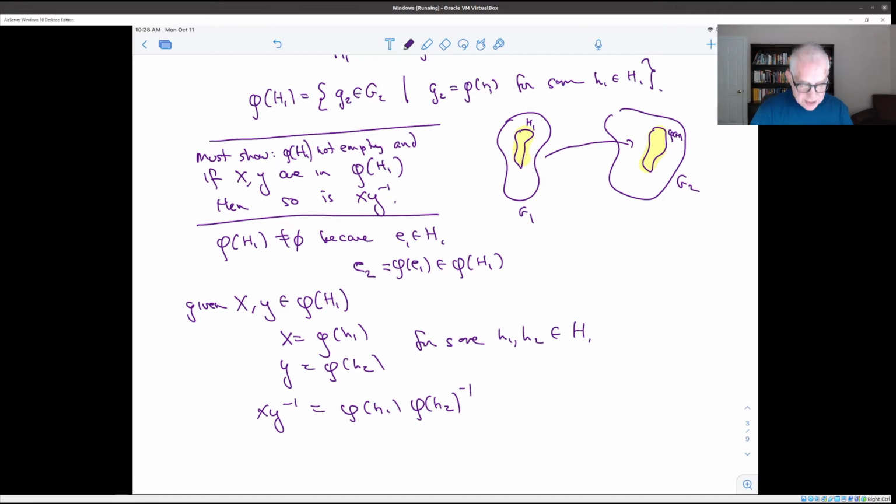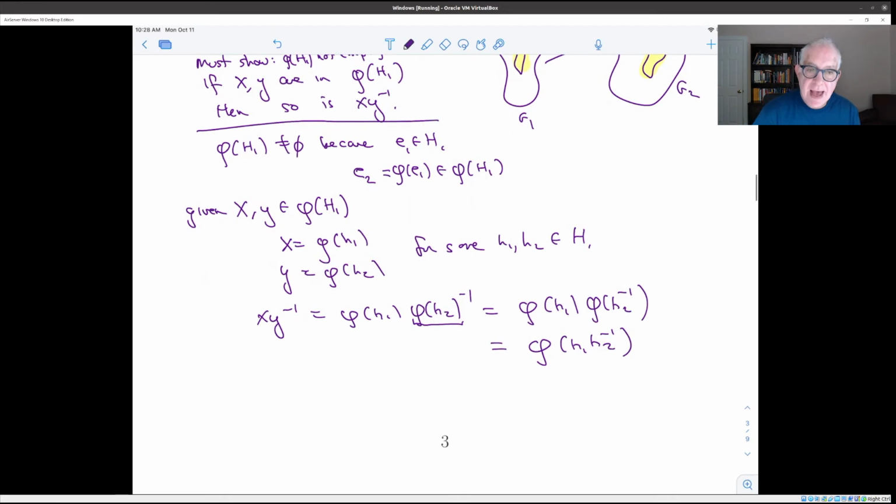Now we use the previous fact to convert this to phi of H1, phi of H2 inverse. Then we use the homomorphism property to write this as phi of H1, H2 inverse. And then we use the fact that H1 is a subgroup, so H1 and H2 are both in H1, so H1, H2 inverse is in H1, so XY inverse is also in phi of H1.